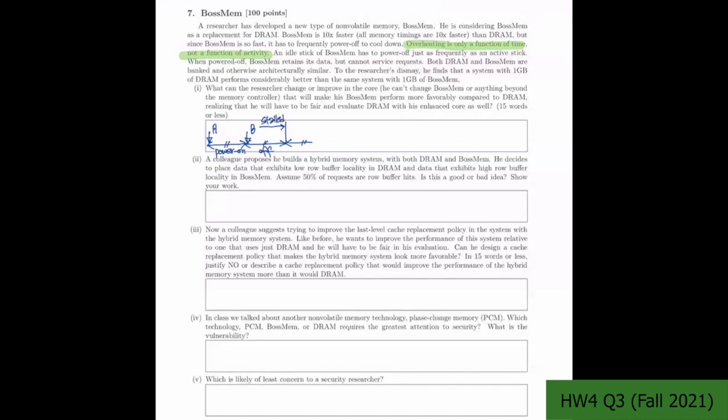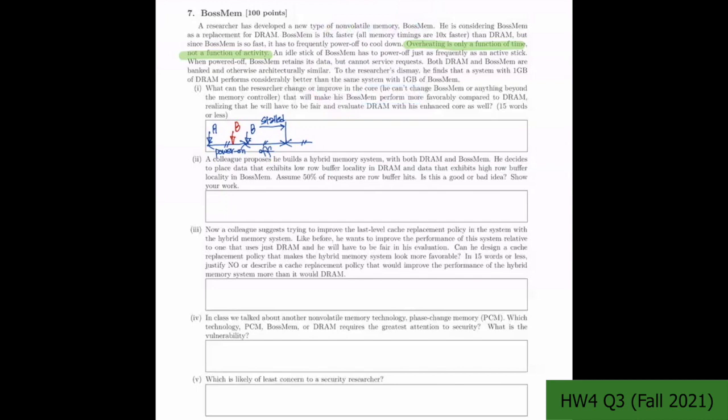So a possible way to mitigate this penalty is to perform the memory access to B in advance, so that the system can use the data B when it becomes necessary without accessing the BossMem, which should be powered off.